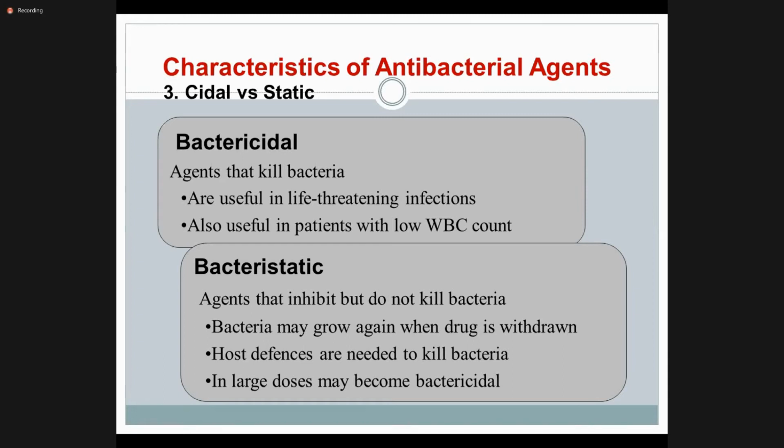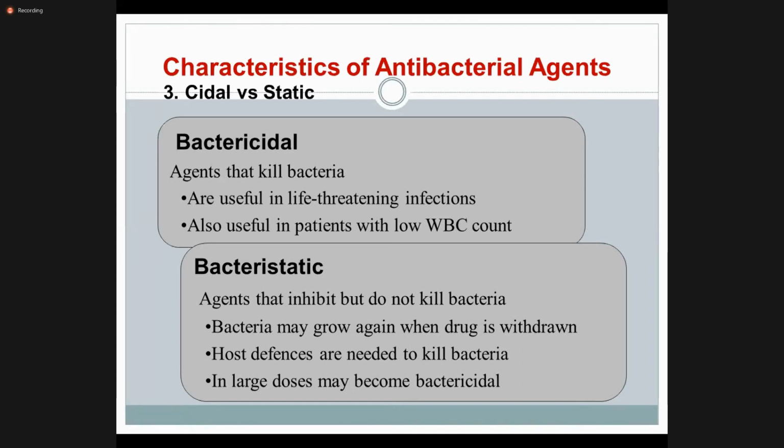So that is why, in immunocompromised patients, we have seen why the bactericidal antibiotic is so useful in the patient having low WBC. That means they are immunocompromised patients. In an immunocompromised patient, host defense cannot kill the bacteria.